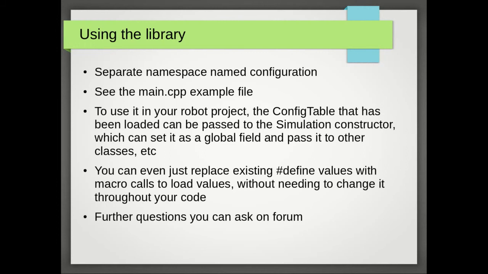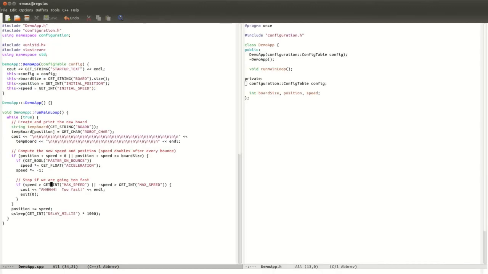Okay, so to actually use the library in your project, or your robot probably, there's a separate namespace named configuration. So in your header file, you'd have to do configuration::config_table config in your class. Like in demo app, I put in configuration::config_table config.